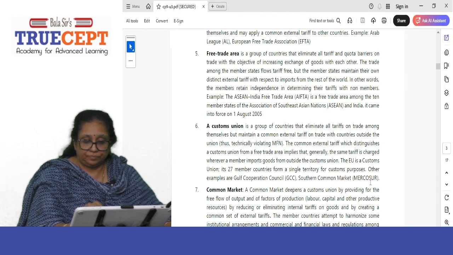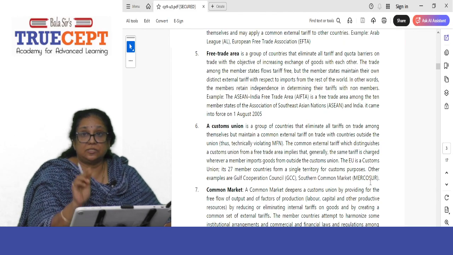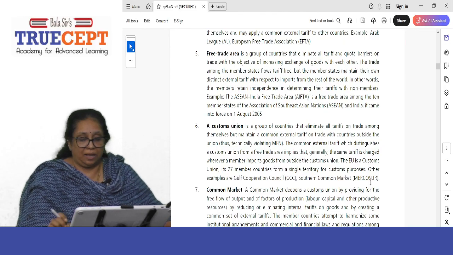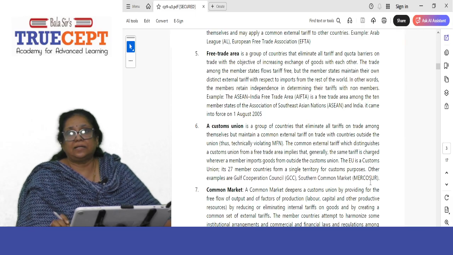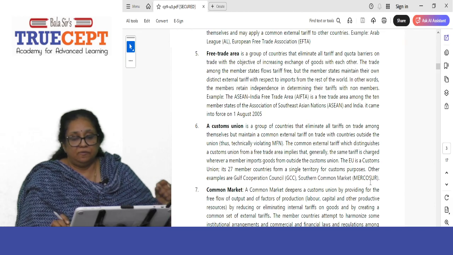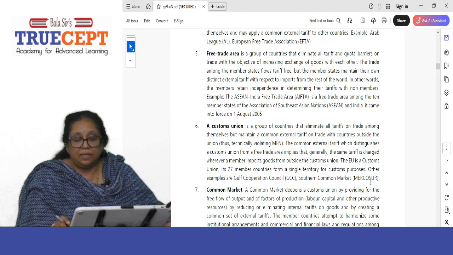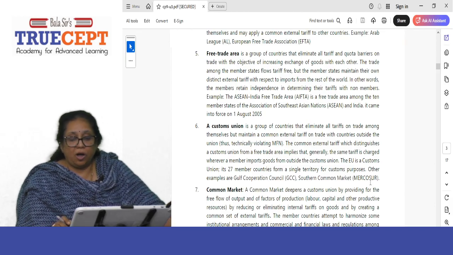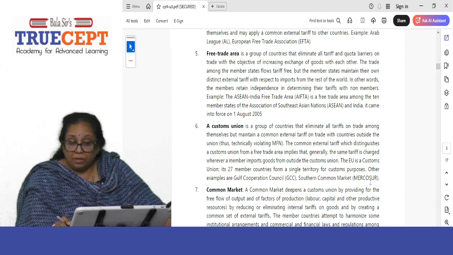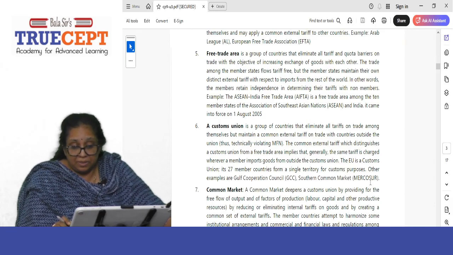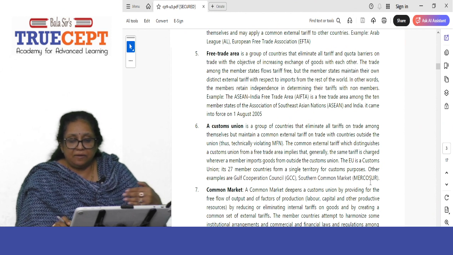This question might come up: what is the major difference between a free trade area and a customs union? What distinguishes a free trade area from a customs union? The answer could be given as a common external tariff on trade with countries outside the union. Or they might say independence in determining the tariffs with non-members, or put it in different ways.